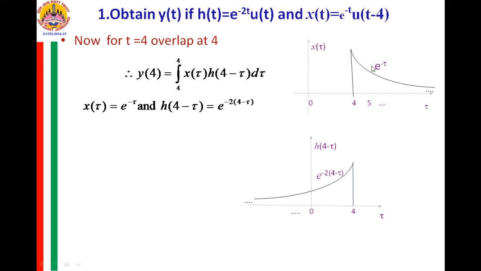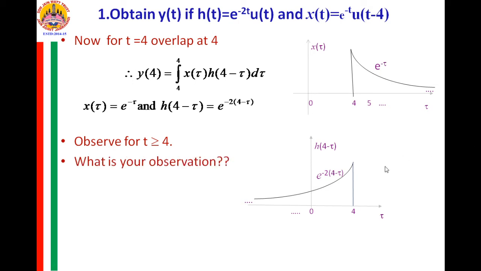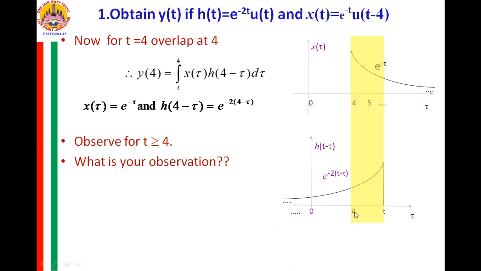So here you observe that the amplitude of x of tau is e raised to minus tau, and that of h of 4 minus tau is e raised to minus 2 into 4 minus tau. So our observation for t greater than or equal to 4 is that the two overlap from 4 onwards up to the instant where h of t minus tau ends, that instant is t.